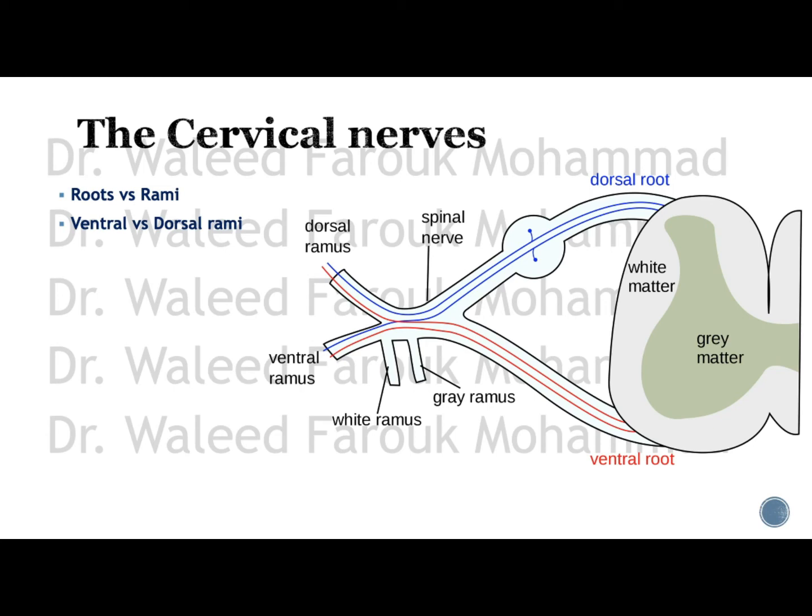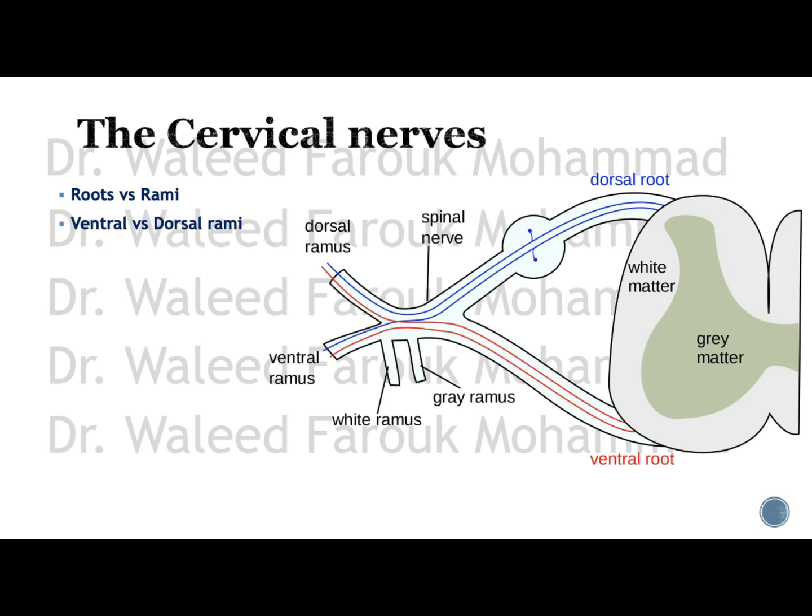You always find the phrase formed by the ventral primary rami of such and such. These are the ventral rami we are talking about, because the dorsal rami do not make plexuses. Now, what's the use of making a plexus? Plexus means network. So it means that you are exchanging fibers.